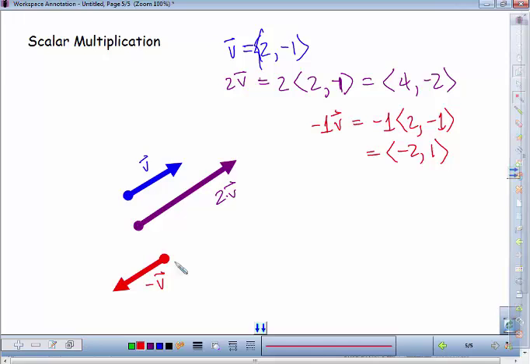All right. Let's say I had my vector (2, negative 1), and I want a vector going in the same direction, but I want it to have a magnitude of 1. Let's talk about magnitude.